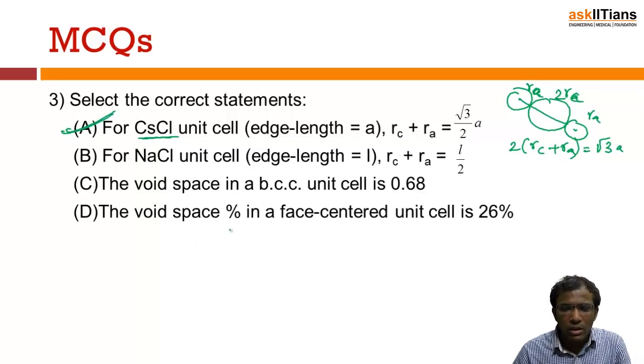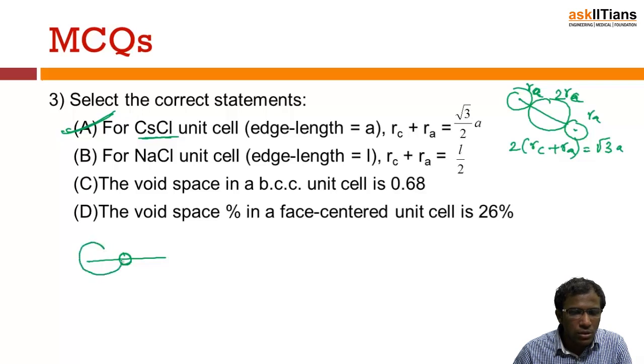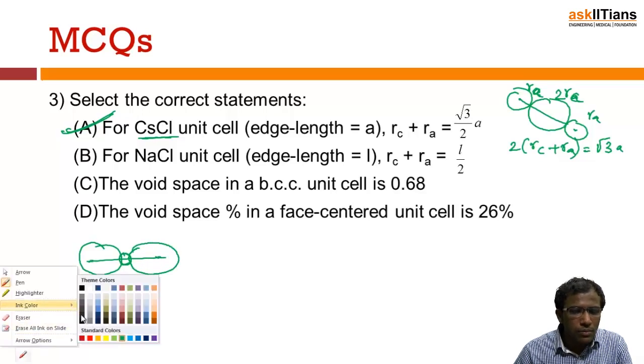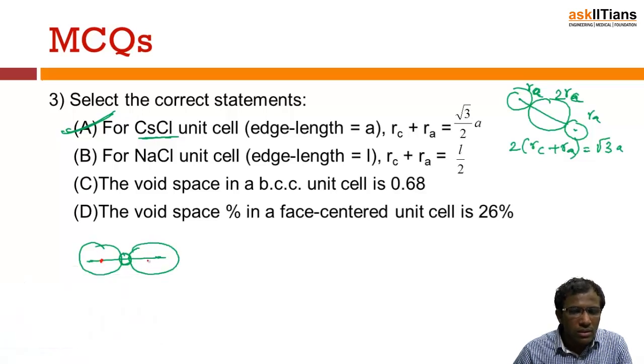So for NaCl, the unit length is given. Let's see. In NaCl, if you recall, if this is the edge, the sodium ion is present at the octahedral void and the chloride ion is at the center, which is touching the sodium ion like this. So this is the center and this is the center. So this is the radius of chloride ion.